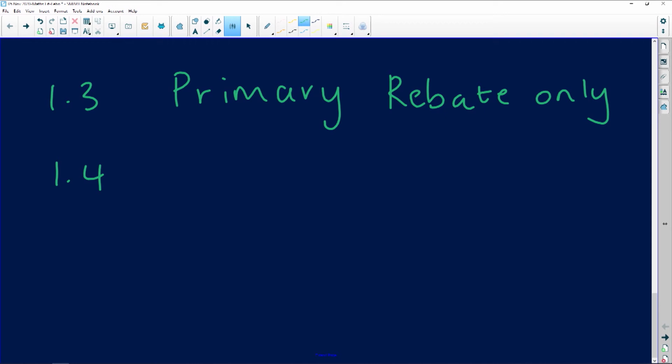1.4. Calculate the total amount that may be deducted for rebates. Show all your calculations. So for this one, because I said to you guys, this person qualifies for a primary rebate.